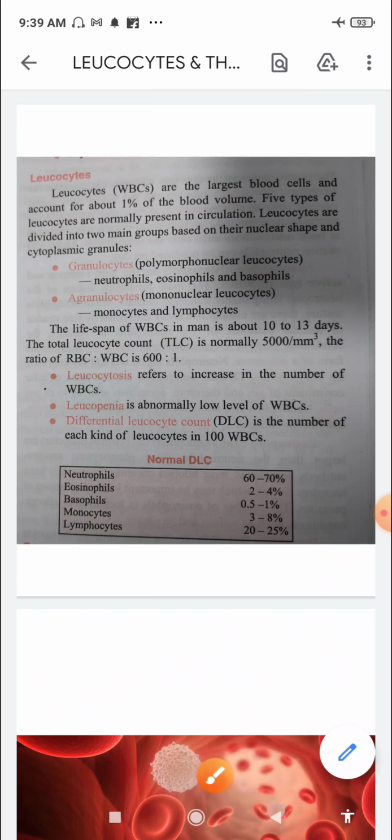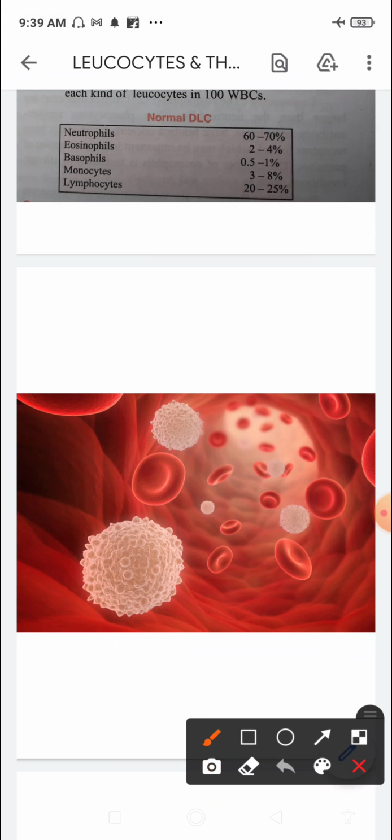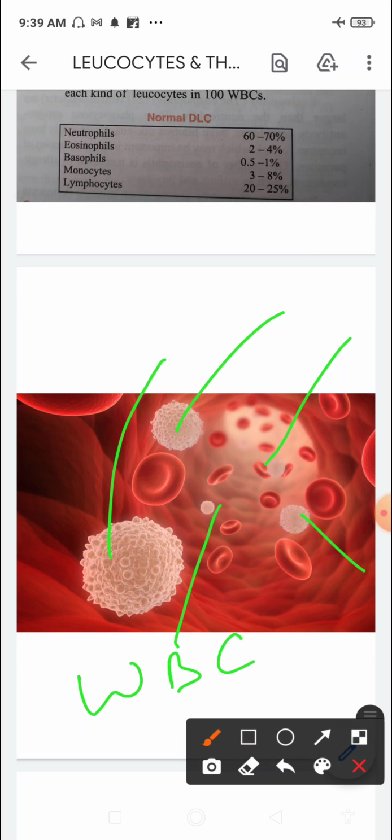So we talked about the TLC and DLC. This is just a view where you can see the different types of WBCs that are found in the blood, right? So these are the WBCs, or the leukocytes.